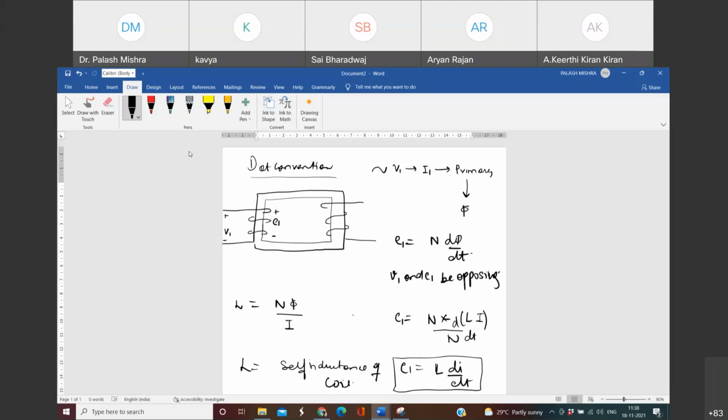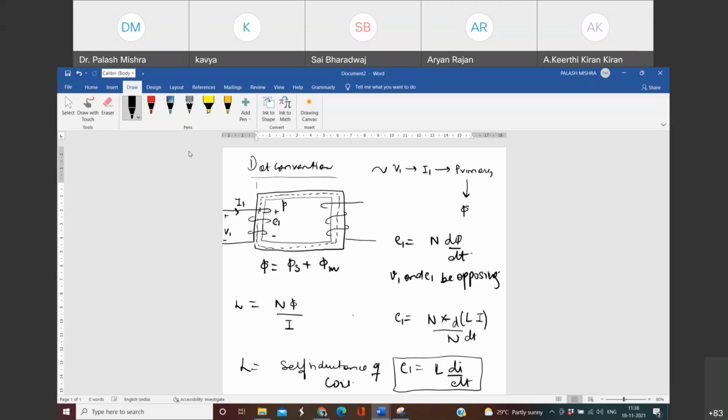Now because of this V1, and because this circuit is closed, there will be the current I1 in the circuit, and because of this current I1, the flux phi will be there in this circuit. This flux phi will be a combination of two fluxes: the self flux and the mutual flux.